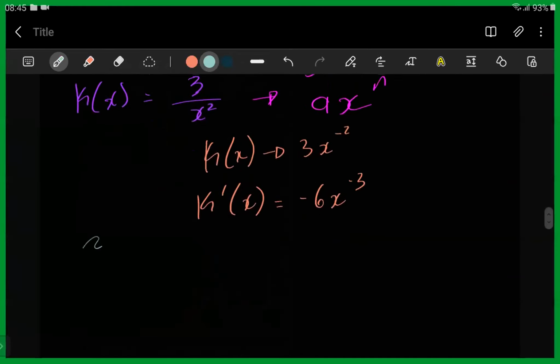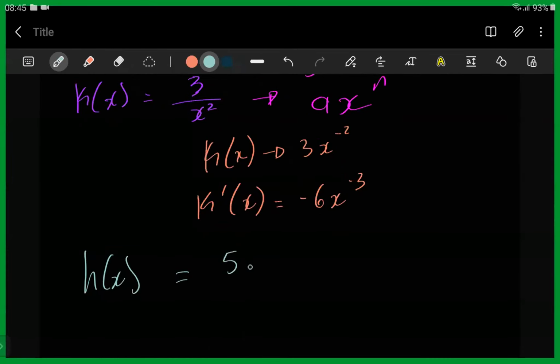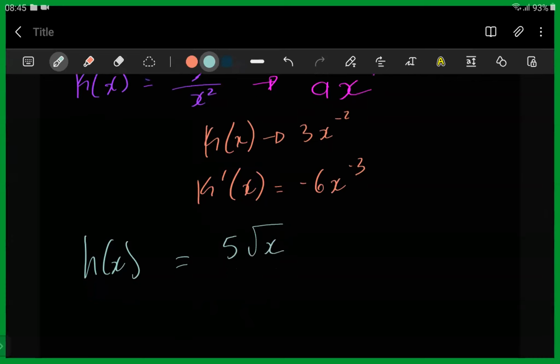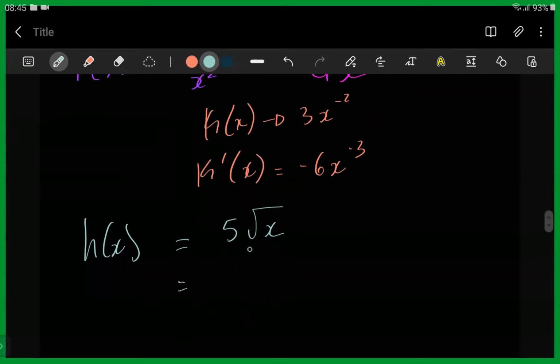What I mean is, if they, for example, give you something like 5 square root of x, and they ask you to differentiate this, you obviously would need to change the root into a fraction and into an exponent, which is what we know is a half. Remember, anything under a square root symbol is to the power of a half.